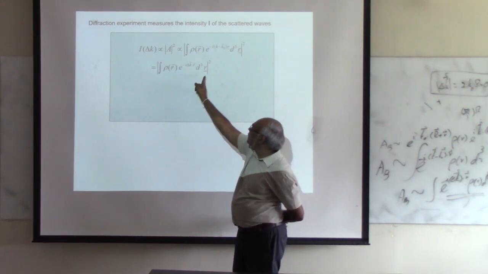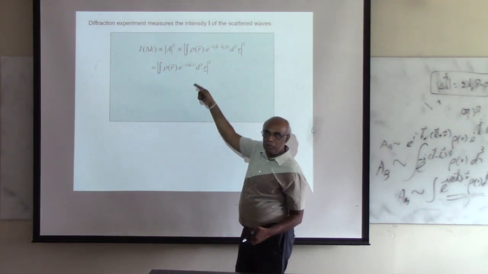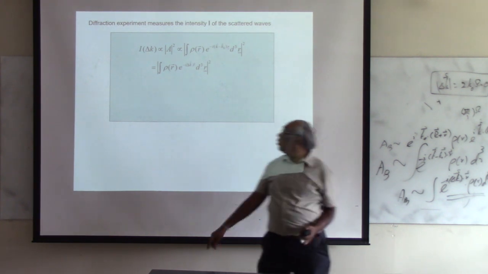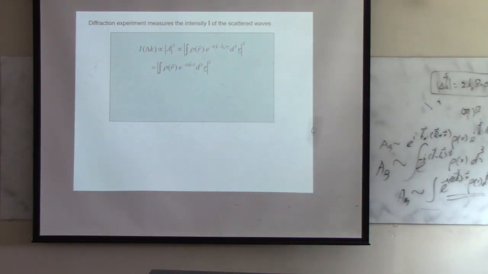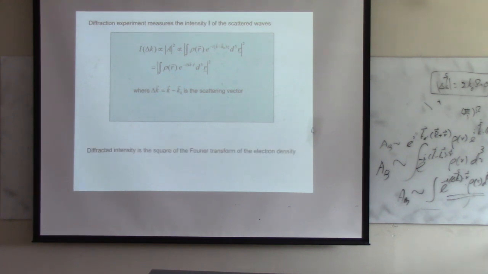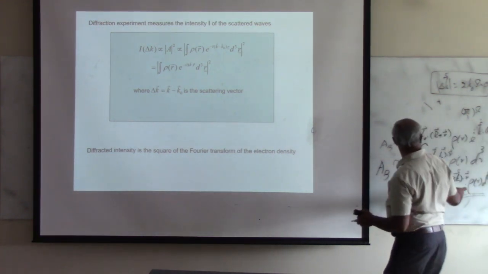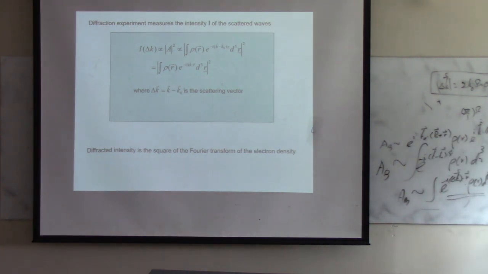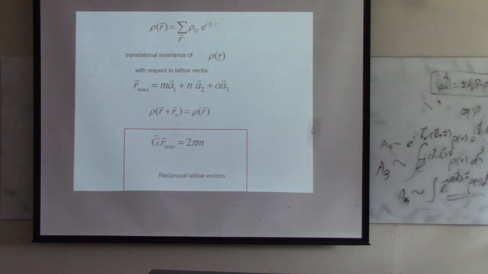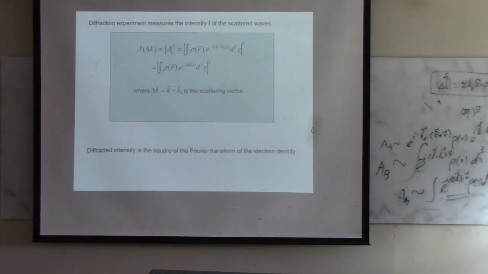We defined how the Fourier transform of your rho function works. So anyway, if you don't remember this, delta K is fine. So the diffracted density is basically the Fourier transform of your electron density. That's what you have to remember. So this is the basic idea.